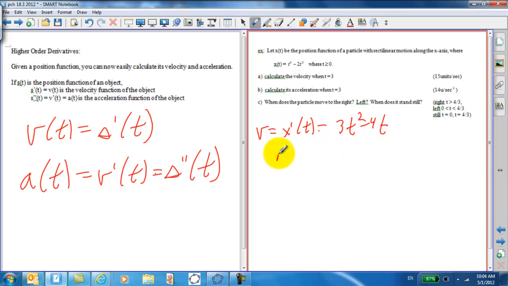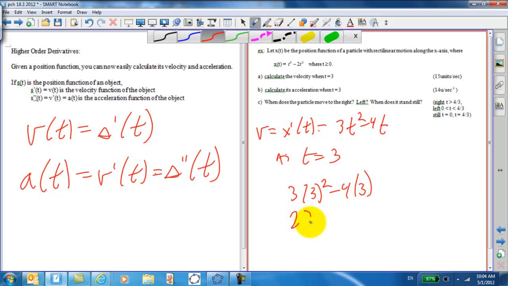At t equals 3 then, you get 3 times 3 squared minus 4 times 3, or 27 minus 12, which would be 15. Okay, 15 units per second. So we can check on that one.